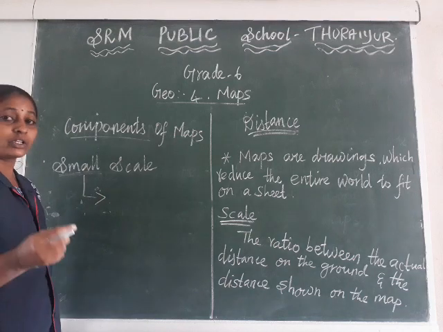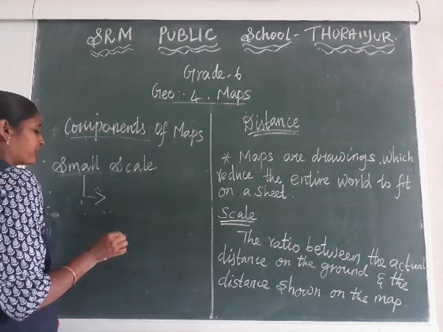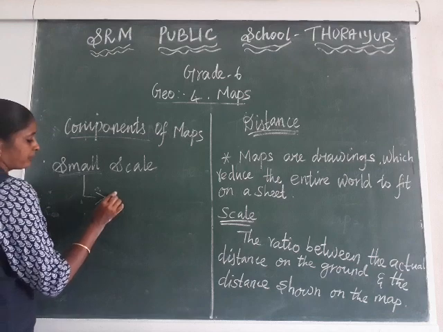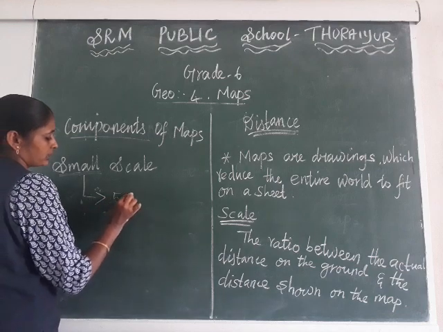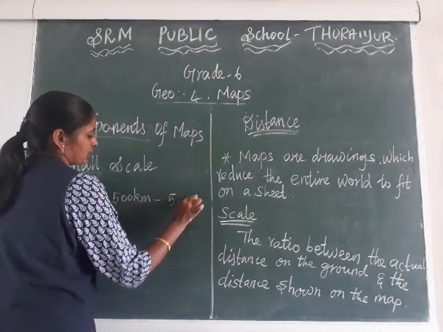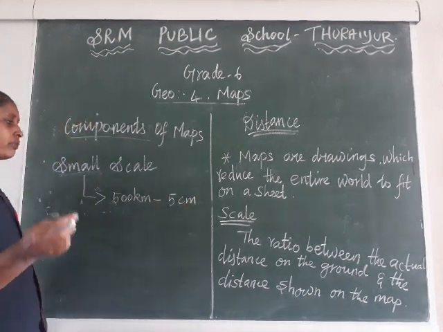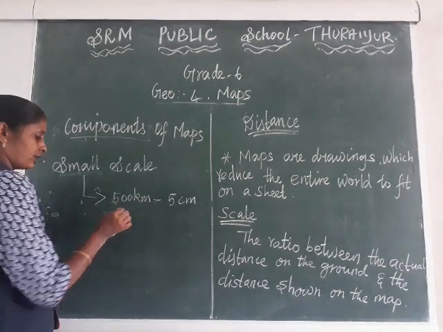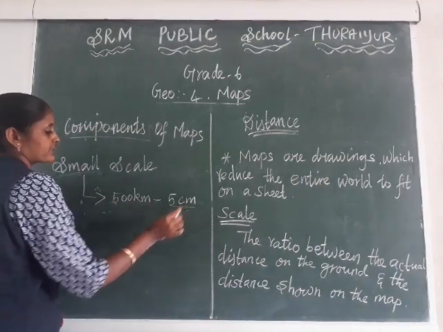In a small scale map we are using 500 kilometer to mark as 5 centimeter.